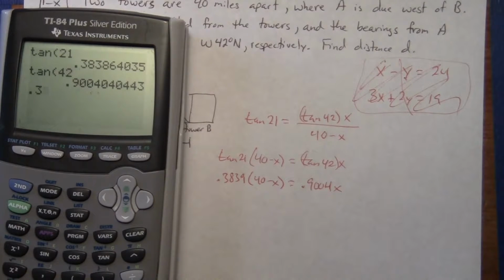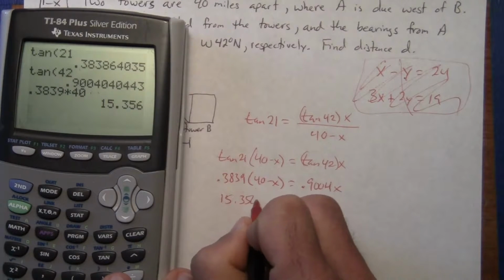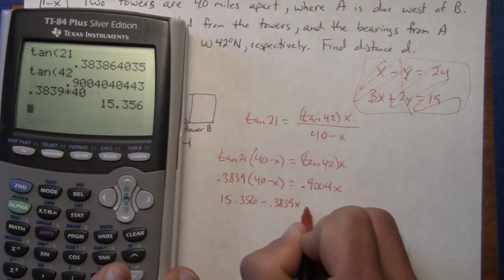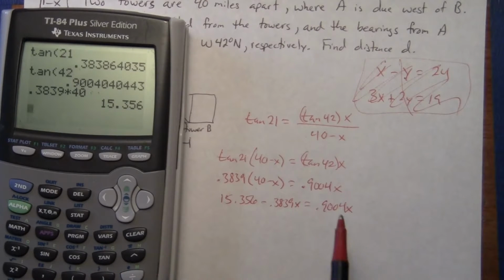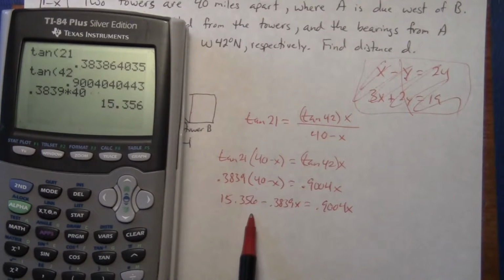So 0.3839 times 40 is equal to 15.356 minus 0.3839x is equal to 0.9004x. So all I did is I figured out what those two were as decimals, and then for this one I distributed into that quantity.